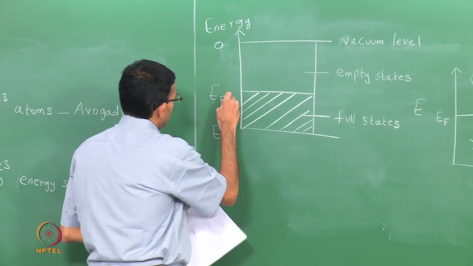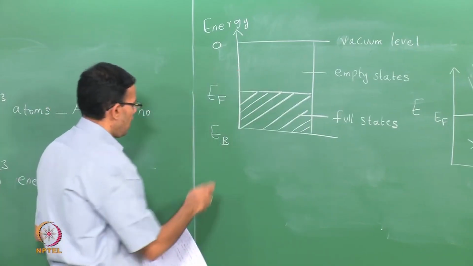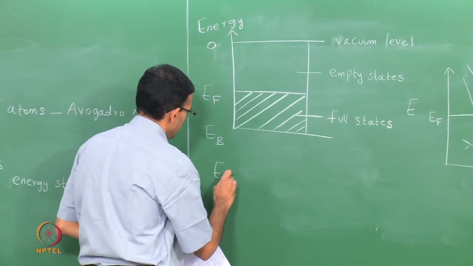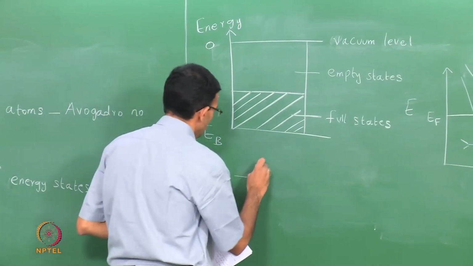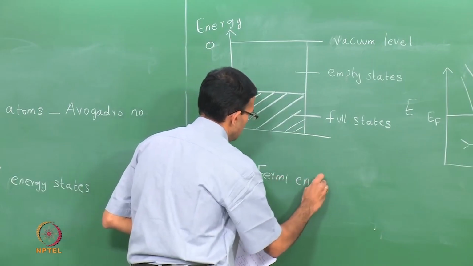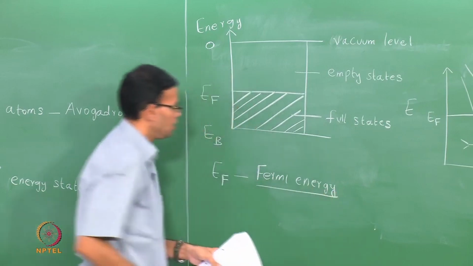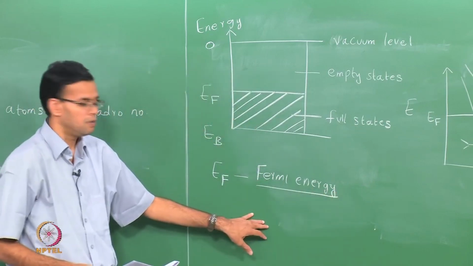This energy state that separates the full and the empty regions, I have labeled it as EF. EF is called the Fermi energy. Now, this is a very important term.